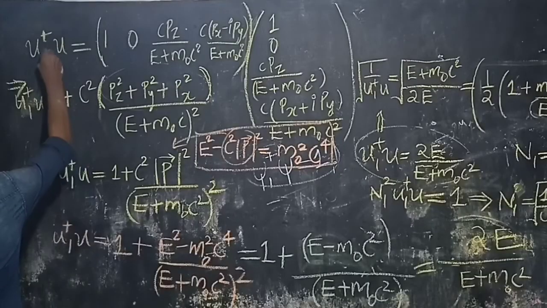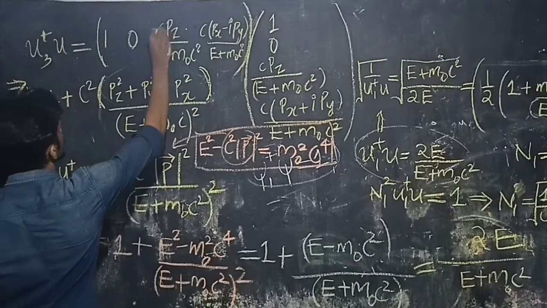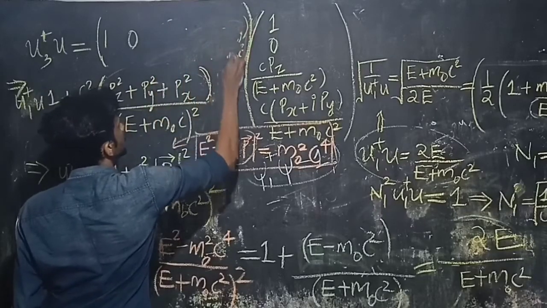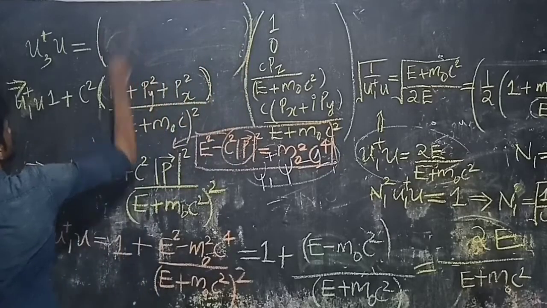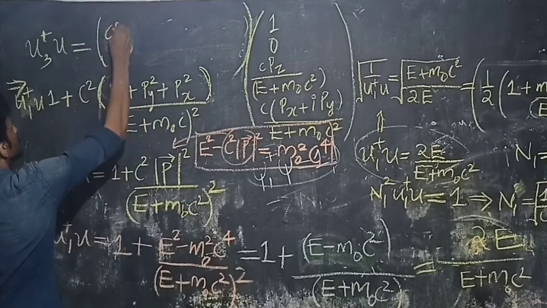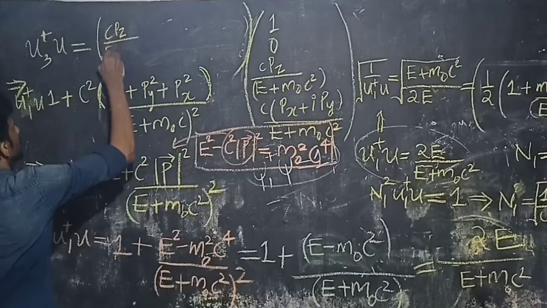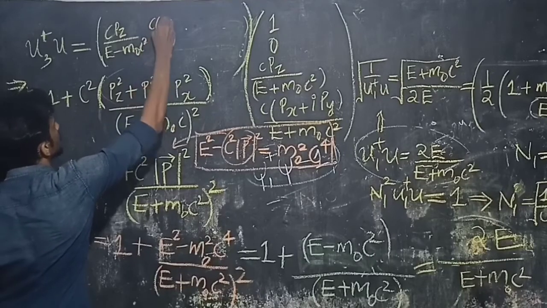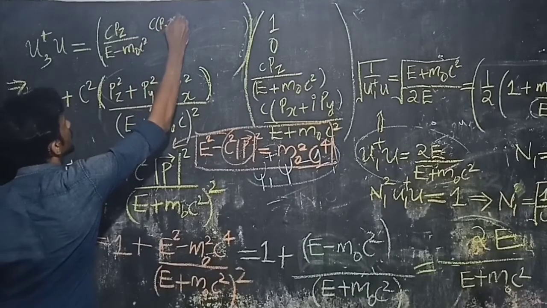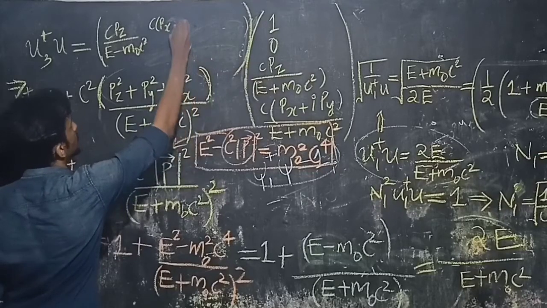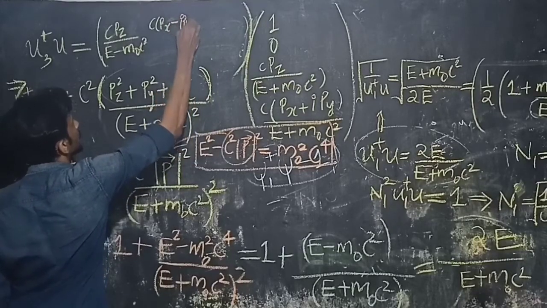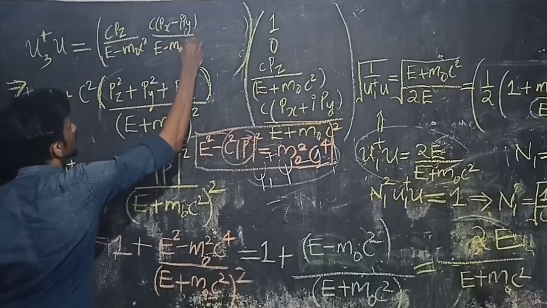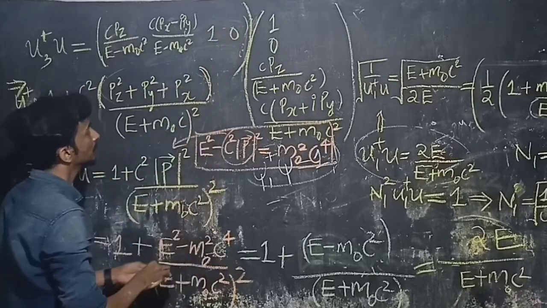You know that for the u3 spinor, the first element is Cpz over E minus m naught c square. Second element is C times px, here this complex conjugate comes, px minus ipy, over E minus m naught c square, 1 0.